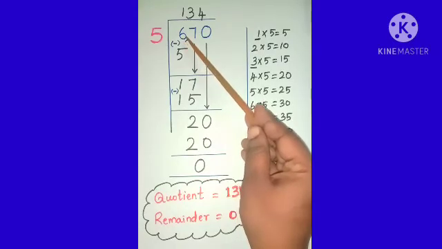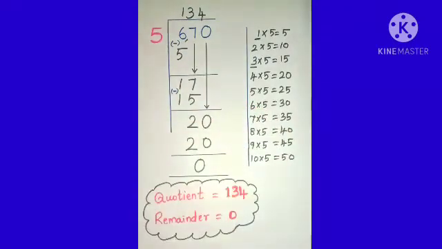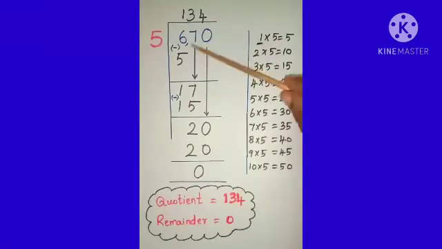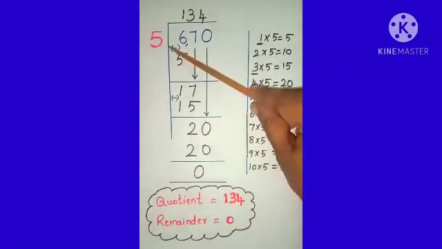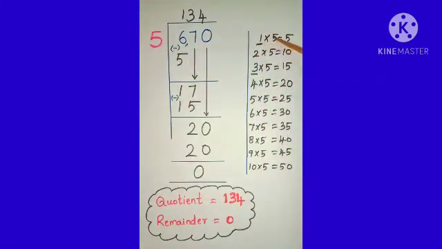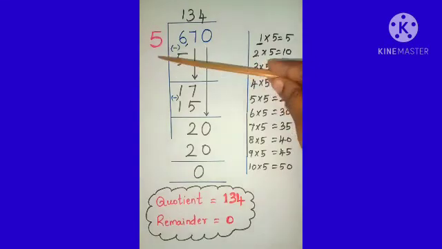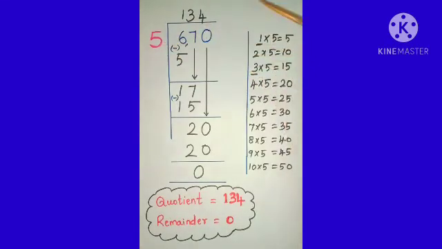Then divide 670 by 5. First, to make the problem easy, write down the table. Here 5 is the divisor, so write the fifth table in the corner of your note.